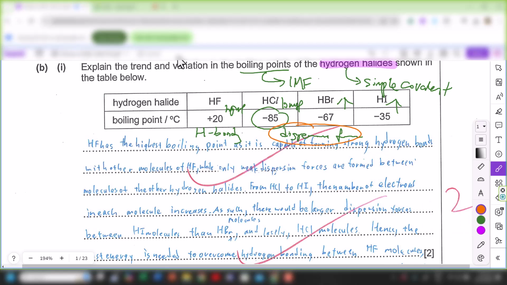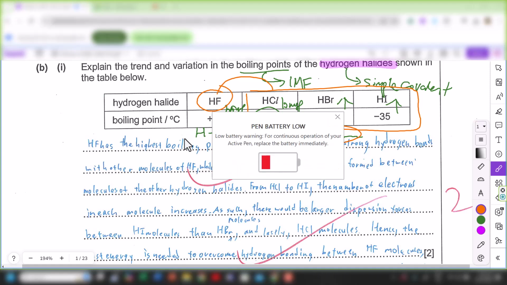Right, so if you look at dispersion forces, you know that it is electron cloud size dependent. So the more polarizable, the stronger the dispersion forces. So if you focus on that, then your answer will be correct for these three. But if you compare with HF, which is the highest, you have to highlight hydrogen bonding.